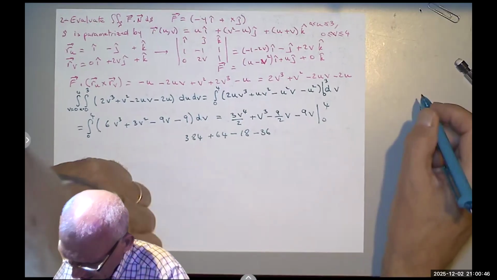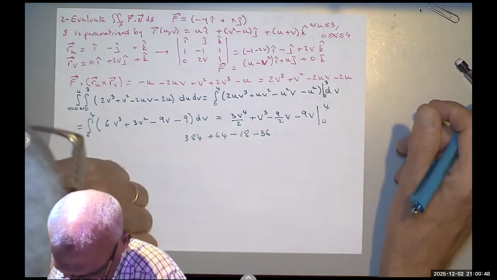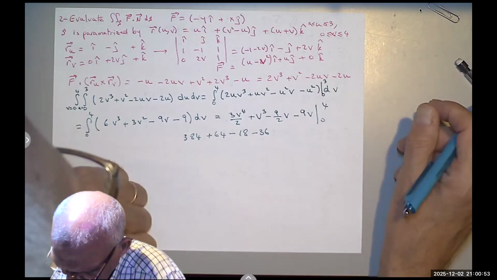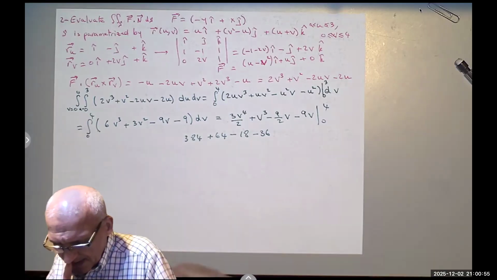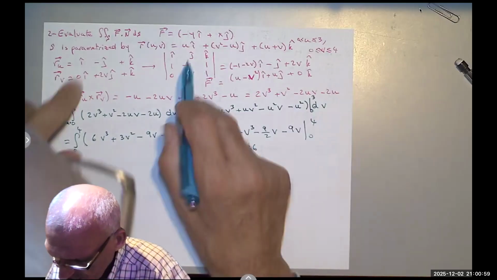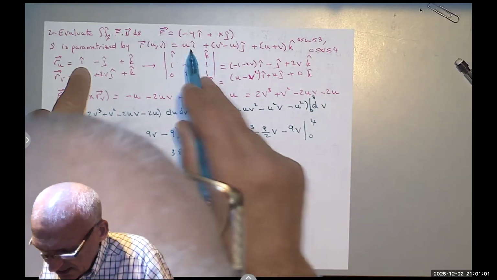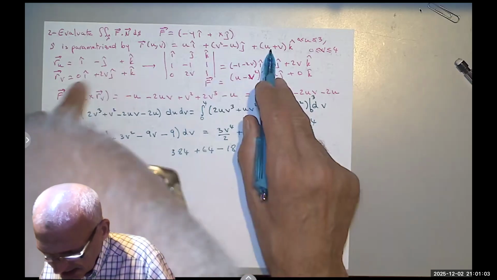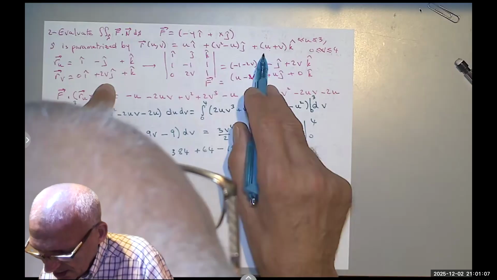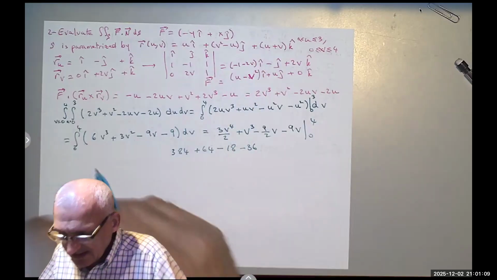I think when I worked it out, I got a different value. I remember that. I'm sorry, let me check quickly. I minus j plus k, 0i, 2v. Oh yeah, I see it.